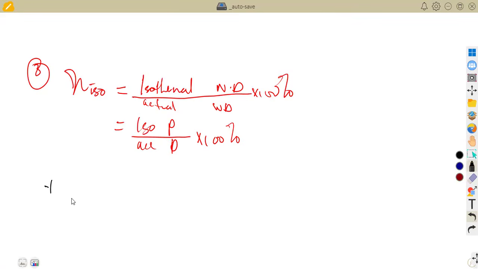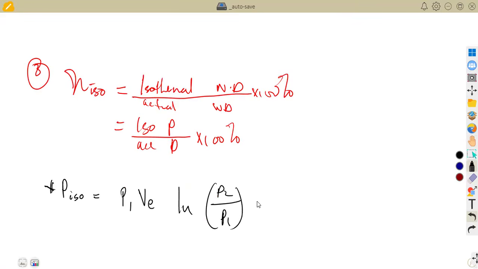It follows that the isothermal power is obtained from P1 VE ln of P2 over P1, like that. So that's your isothermal power in kilowatts. Remember, VE, I said, is in cubic meters per second, always.